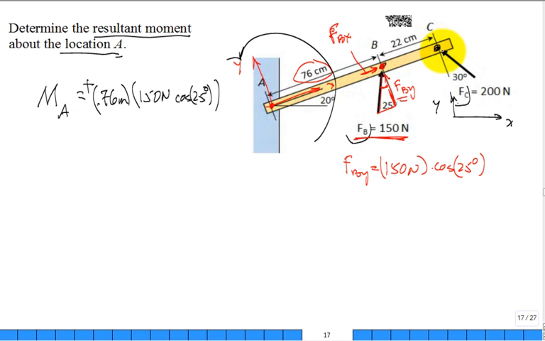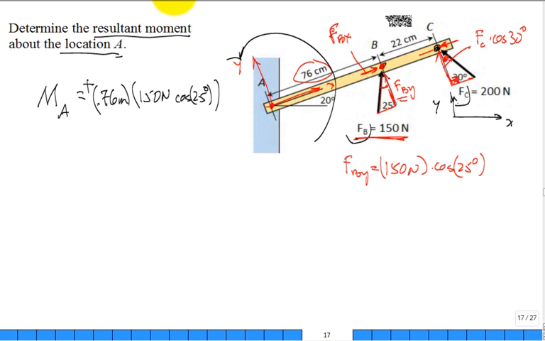And then likewise for this one, we can decompose it. This is going to be a component pushing in. That's not going to contribute, but we pick up a perpendicular component, and that is going to be F of C times, there's my 90-degree right triangle, this is my 30 degrees right in there, cosine of 30 degrees.